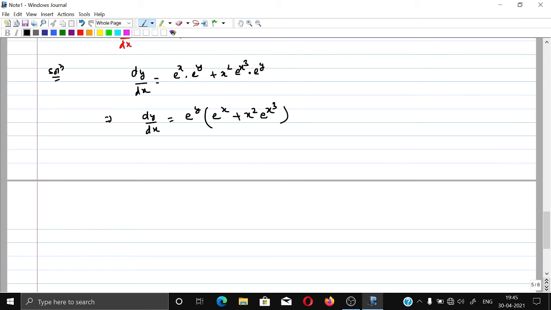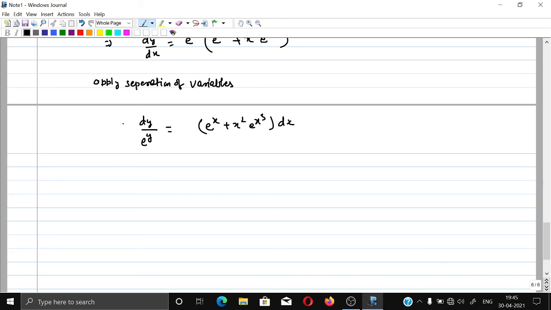So apply separation of variables. What you can do, you can shift: dy/e^y = (e^x + x^2 e^(x^3)) dx.